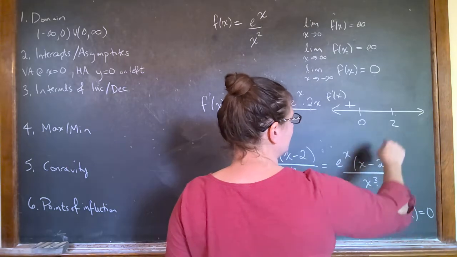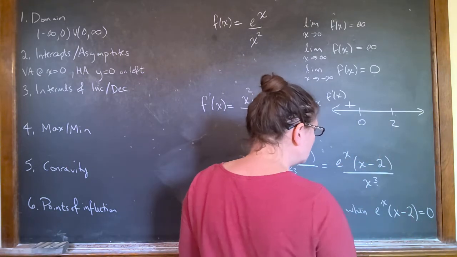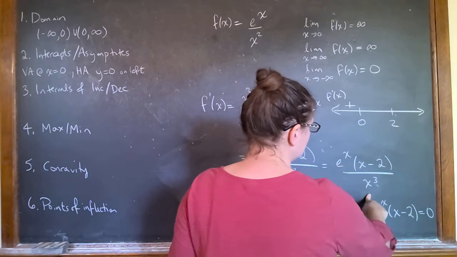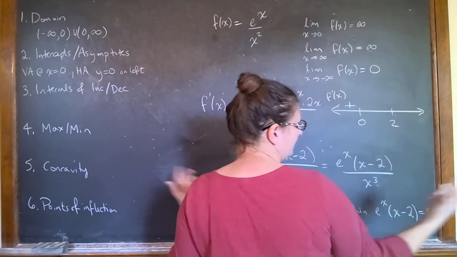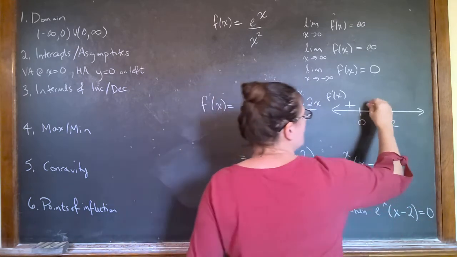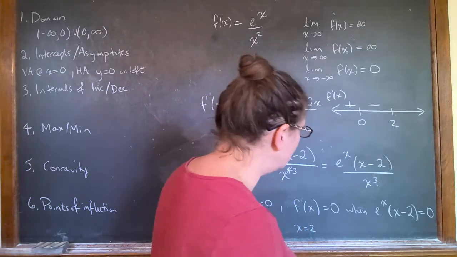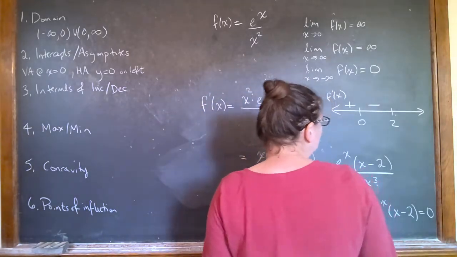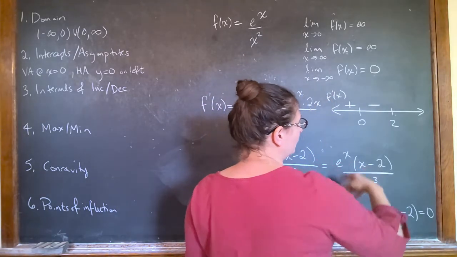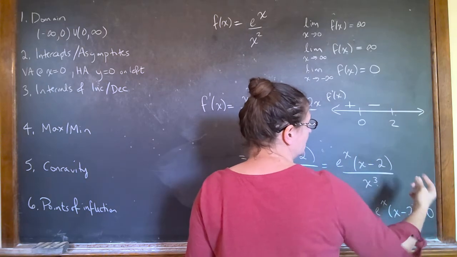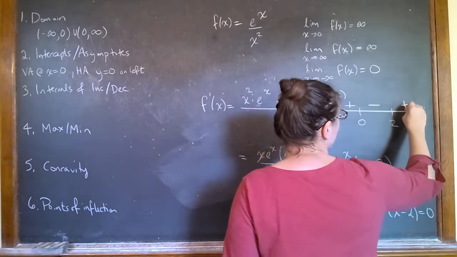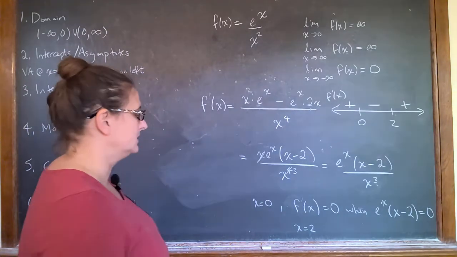If I put in something between 0 and 2, on the other hand, this is always positive, this is always positive, this one's going to be negative. So if I check x equals 1, I'm going to get a negative e. And then if I look for numbers that are bigger than 2, everything is going to be positive, so that's going to be like this.